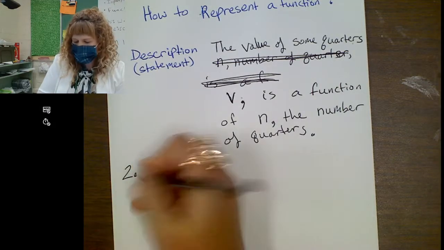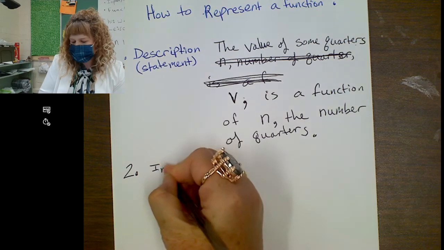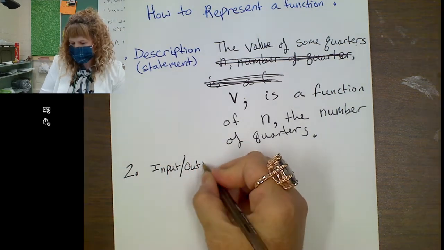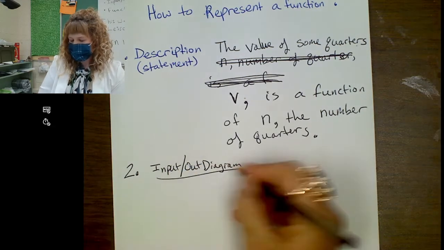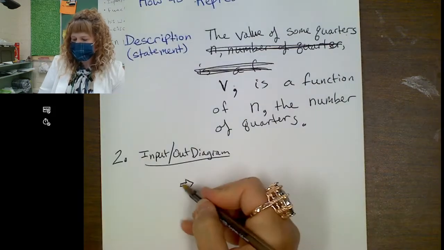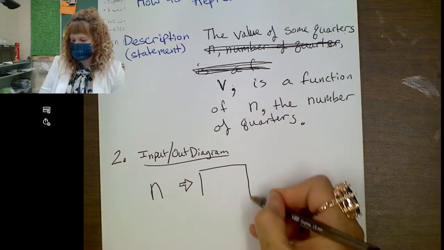Okay, then another way to represent the same function is with an input-output diagram. Let me show you what that looks like for this same example. The input is n, the number of quarters.